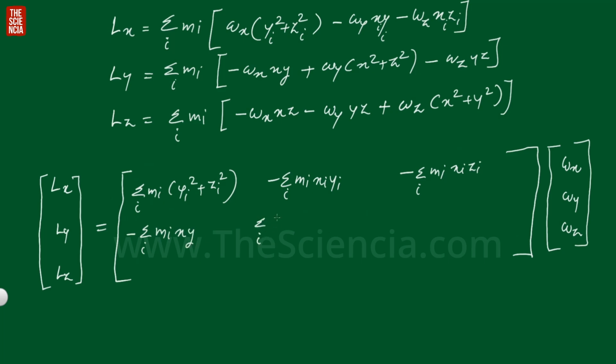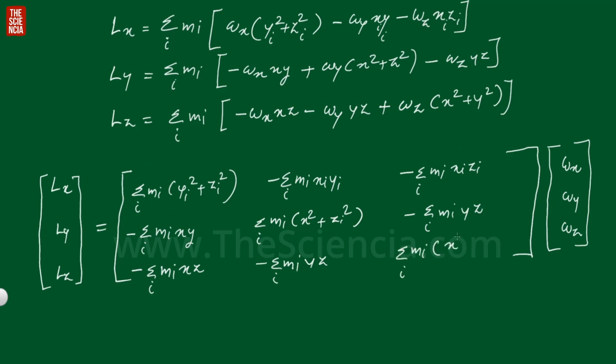Here it is summation m_i (x_i square plus z_i square). Here it will be minus summation m_i y_i z_i. This will be minus summation m_i x_i z_i, minus summation m_i y_i z_i, and summation m_i (x_i square plus y_i square).